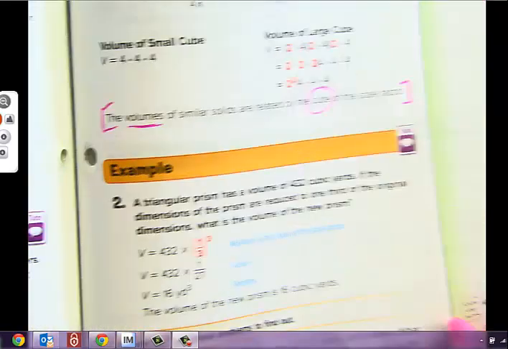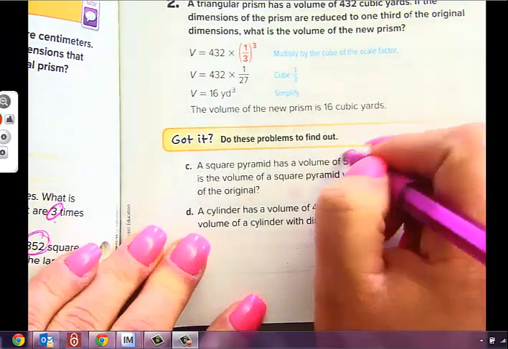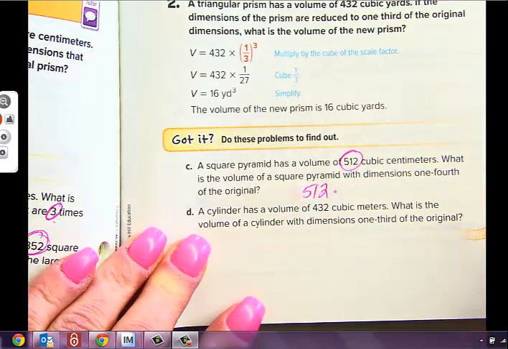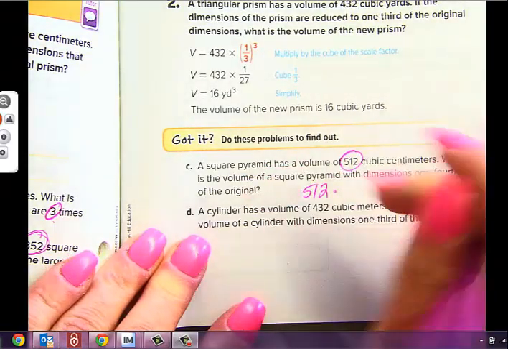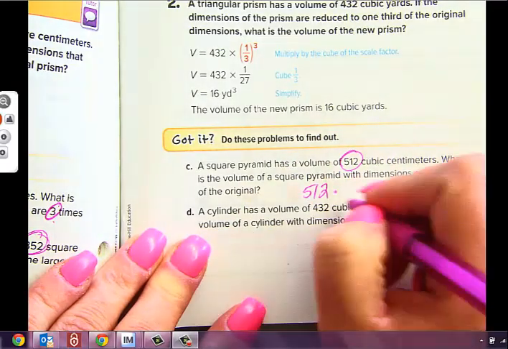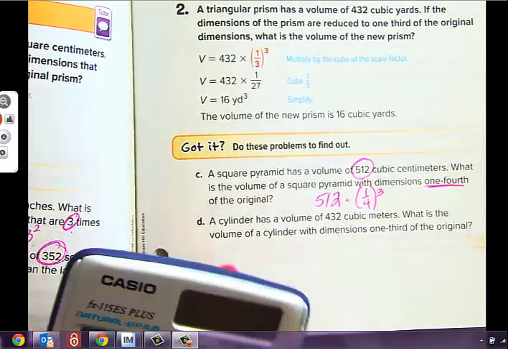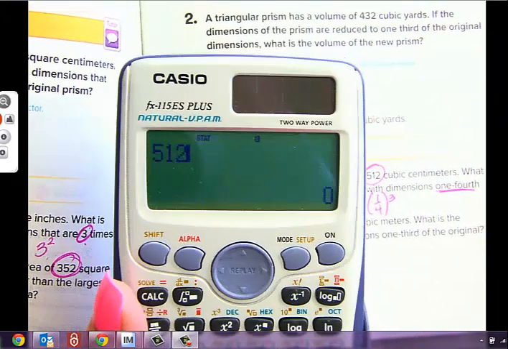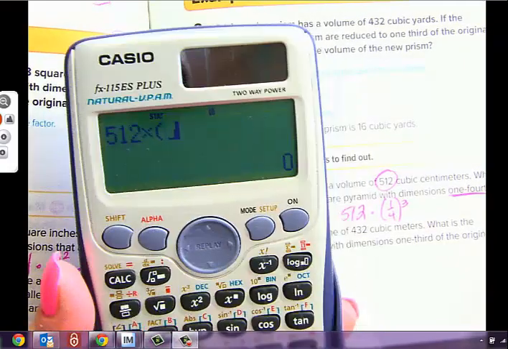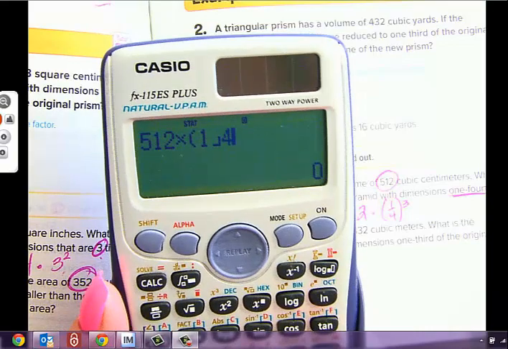So let's look down here at C. It says a square pyramid, and all I need to know is the number. There's my number, 512, and I need to know my scale factor. It doesn't have another number in here, but if I read this, dimensions 1/4 of the original, so that's the number I'm going to cube, 1/4. On your calculator, you're going to take 512 times, I need to do my parentheses again, 1/4, close parentheses, and you're going to cube it.